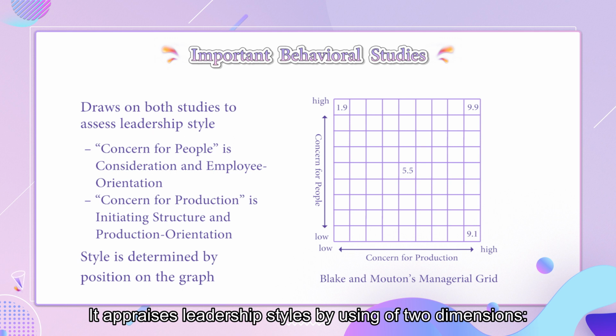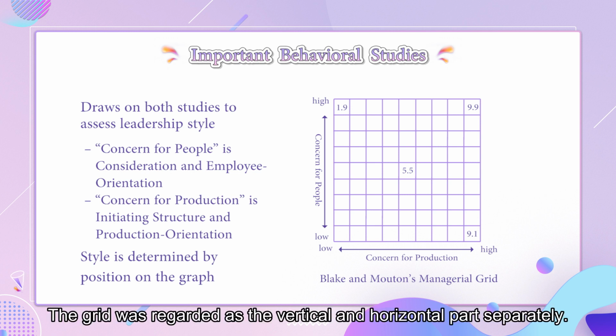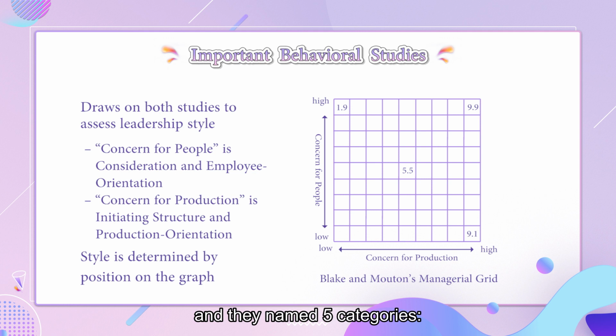It appreciates leadership styles by using two dimensions, concern for people and concern for production. The grid regarded the vertical and horizontal parts separately. It listed 81 potential categories of leaders' behavior style and then named 5 categories.